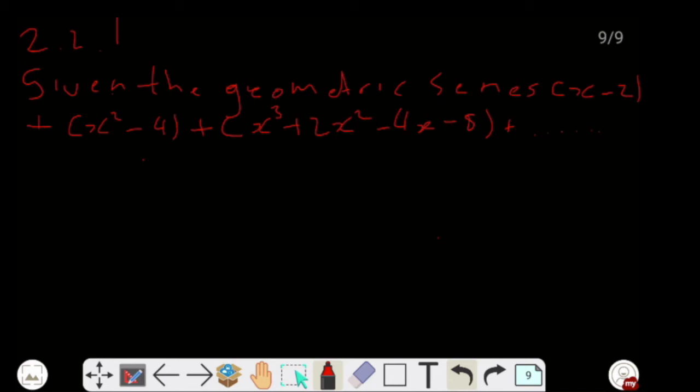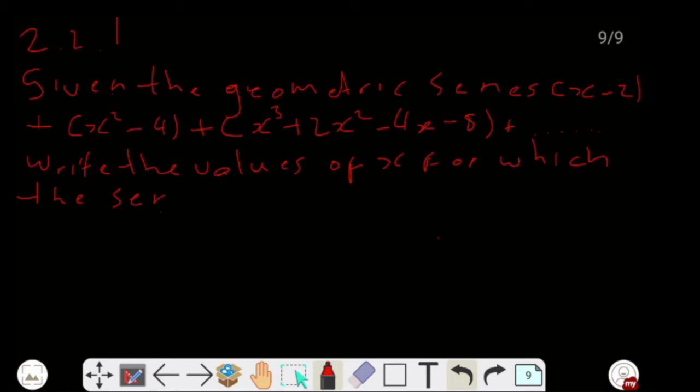Now the question is, write the values of x for which the series converges.